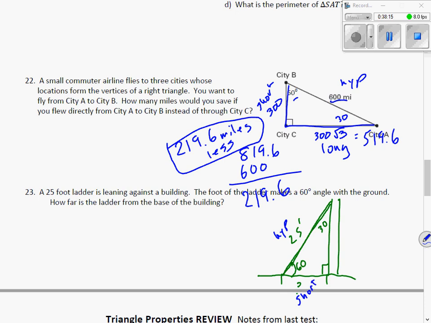Hypotenuse and short leg on a 30-60-90 are 1 to 2, so the hypotenuse is twice that. That means we are 12.5 feet from the building. I know the little apostrophe means feet, right?